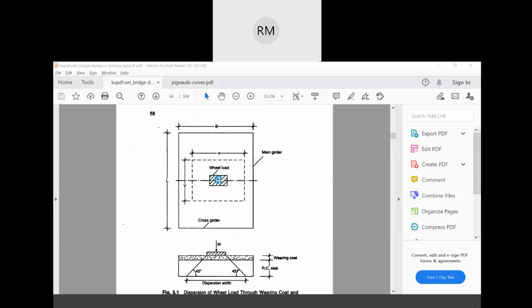So now look at this. Pay attention. If this is the wheel portion, that means the portion of the wheel that is in contact, it looks like this. If you see from the other angle, that means if you look at it from this side or this side, it will look like this. Yes or no?